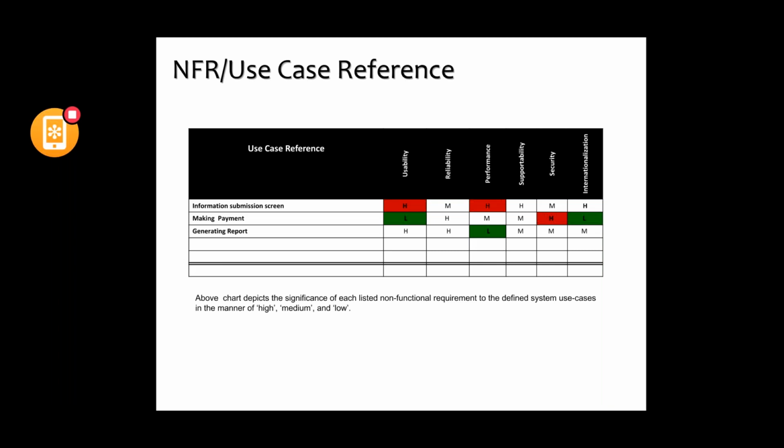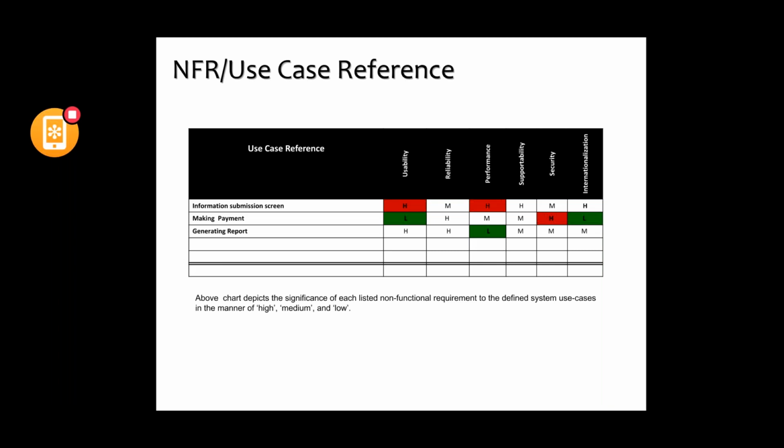And performance also. Let's say there are 5 pages of information that need to be filled in. If you want to fill in 5 pages of information, you expect the system to be fast enough, otherwise the user will not be interested to enter the details.